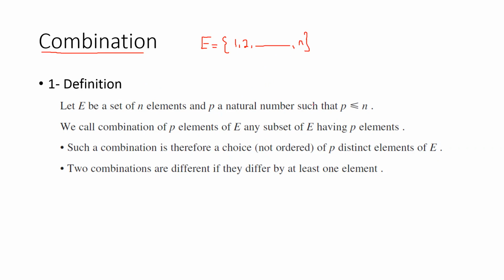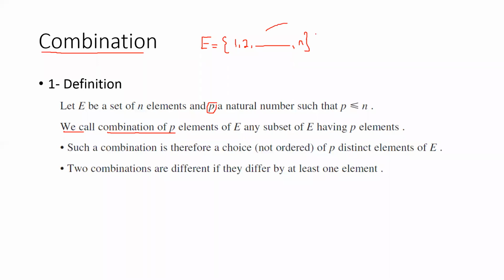P is a natural number such that P is less than or equal to n. We call a combination of P elements of E any subset of E having P elements.